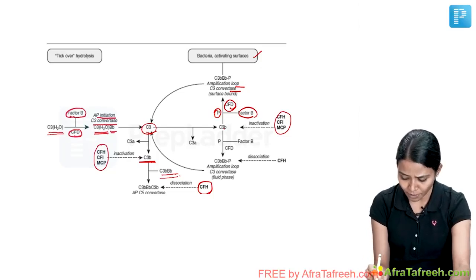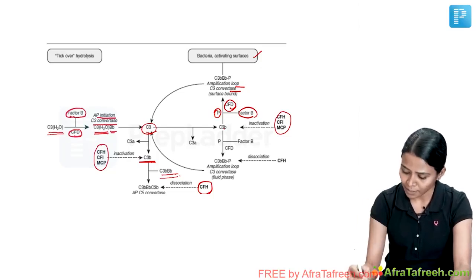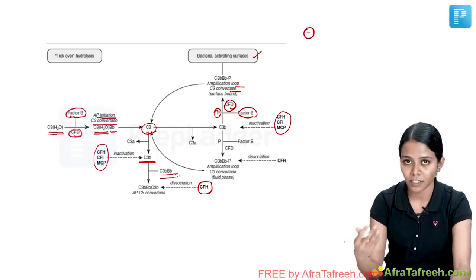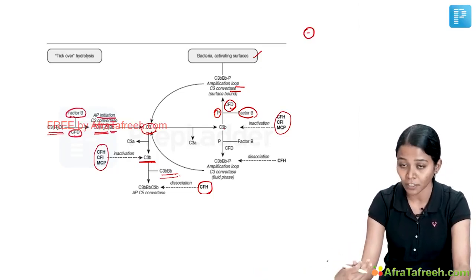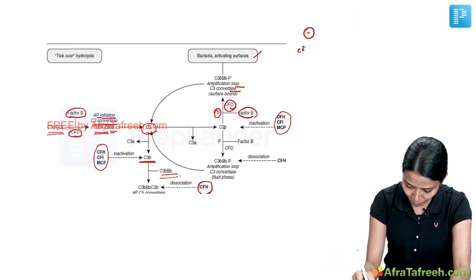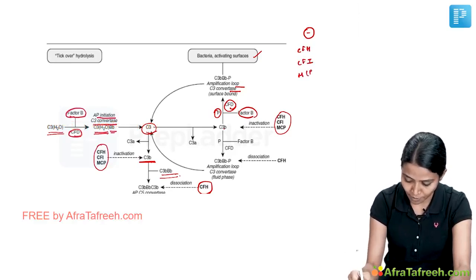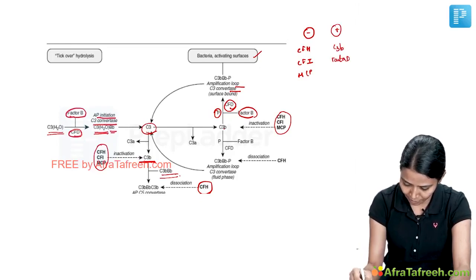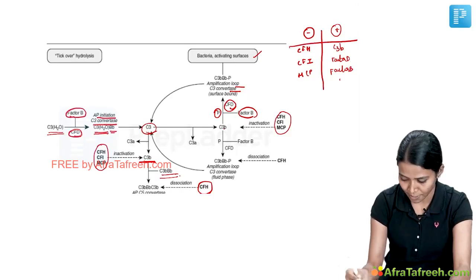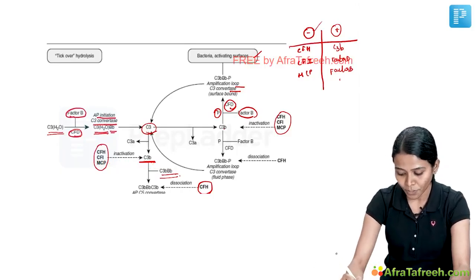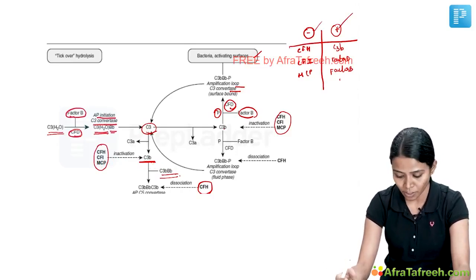So, basically the factors which inhibit C3b activation or the automatic activation of C3 are complement factor H, complement factor I and membrane cofactor protein. The factors which trigger it are C3b, factor D and factor B. All these are important because mutations in these, either loss of function or gain of function mutations, cause HUS.